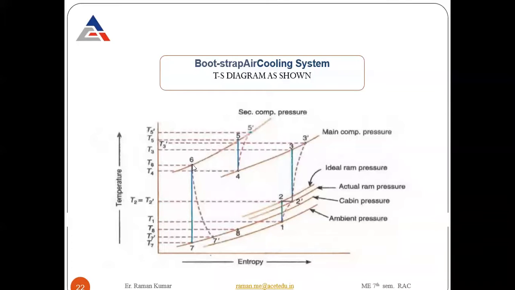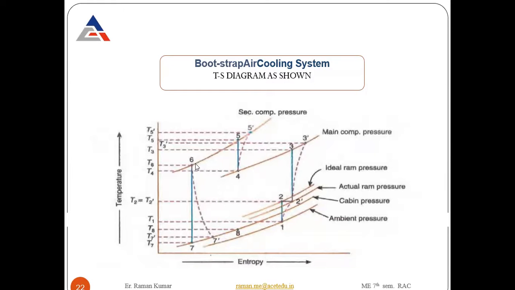Then this high temperature and pressure air passes through the cooling turbine, where expansion takes place from T6 to T7. Look at this figure: its pressure and temperature both get dropped from T6 to T7.